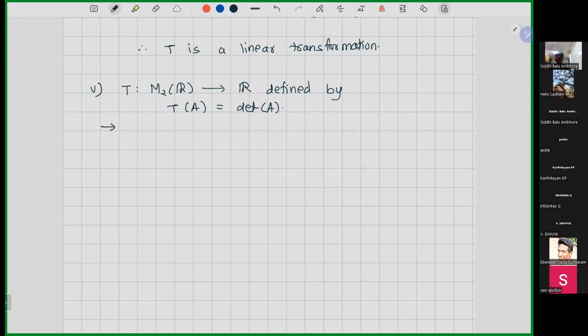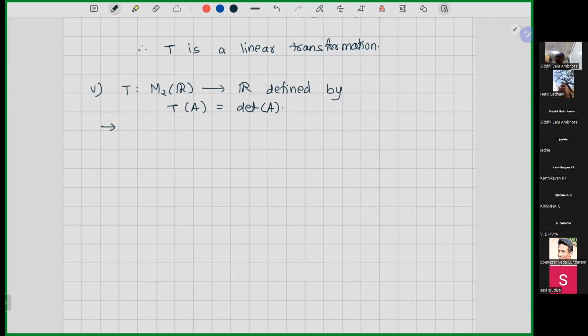We also learned this last time, where we wanted to check whether the set of all matrices with determinant equal to 0 is a subspace of a given vector space or not. There we had given an example where the determinants of the matrices were 0, but when we added them, the determinant was 1.